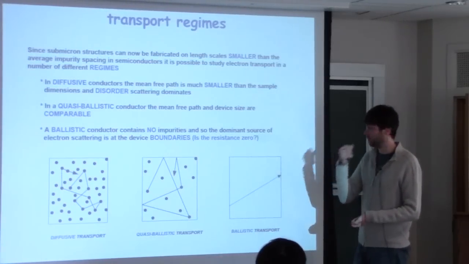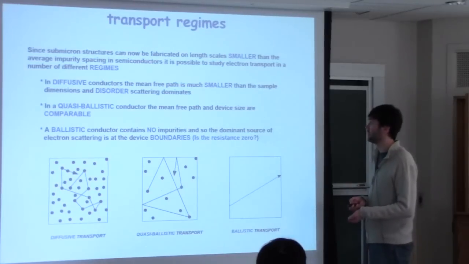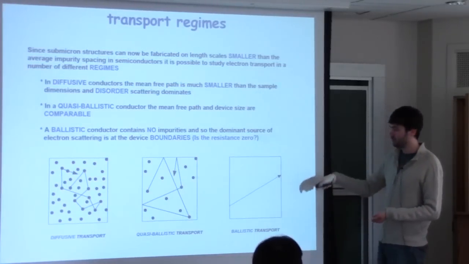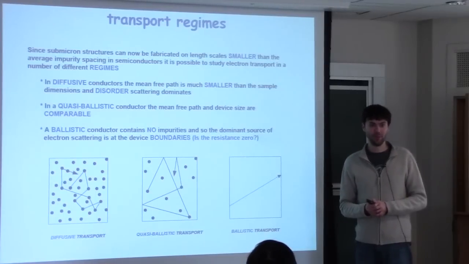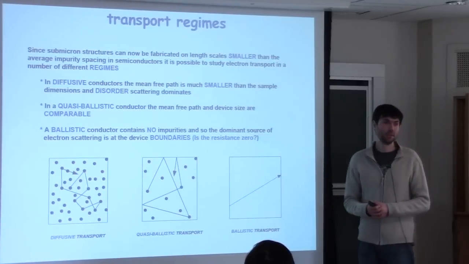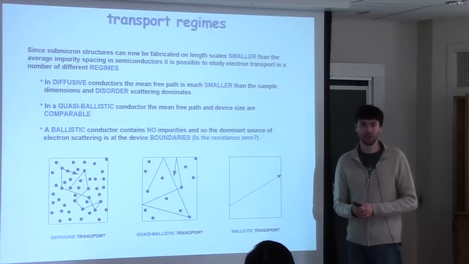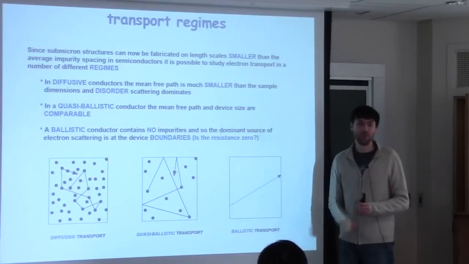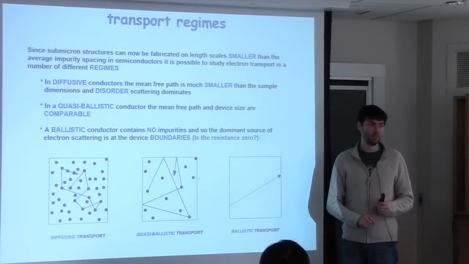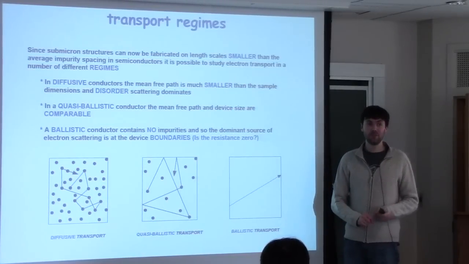In the classical transport limit. But we will also work with some systems where the mean free path of an electron is many microns. I once worked with a two-dimensional electron gas where electrons could travel without scattering for 25 microns. That is a very, very long mean free path.